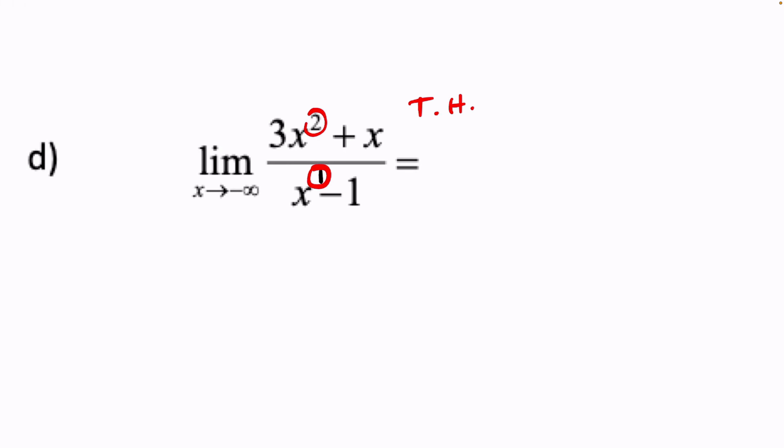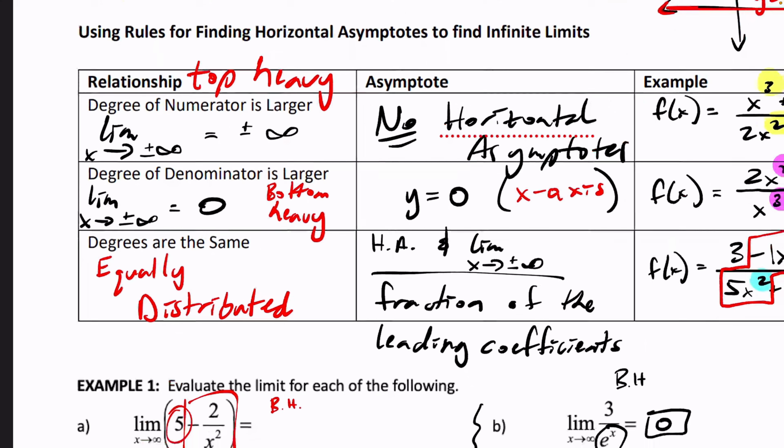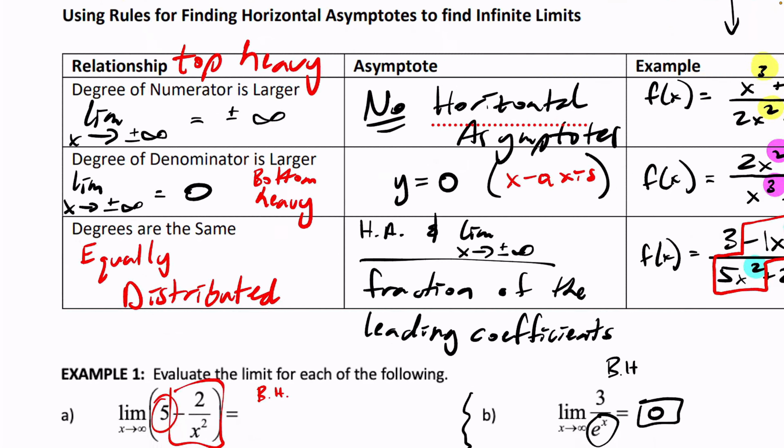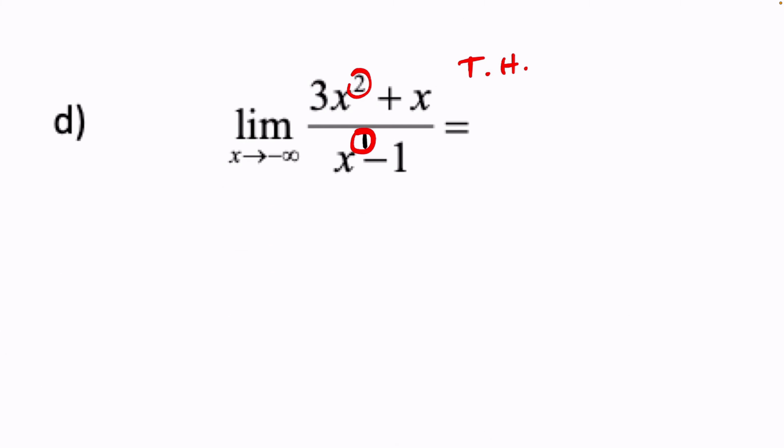Top heavy. Okay, so let's go back to our table and see what we said for top heavy, because I don't remember. So top heavy says you're either going to get an answer of positive infinity or negative infinity. Okay, so which one are we going to get? This is how you're going to tell. Let me rewrite the problem because I wrote on it a little bit. X approaches negative infinity.